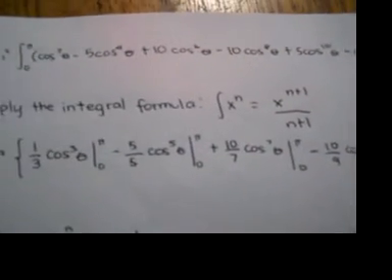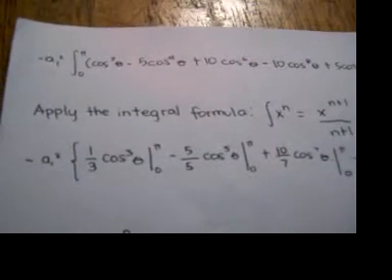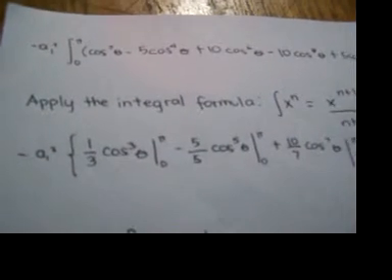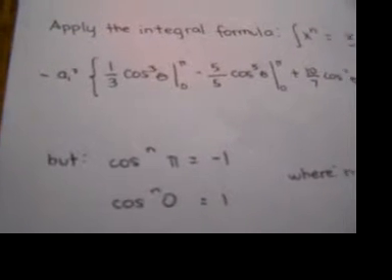After integrating all of the terms, we're going to set the limits from 0 to pi, since it's a theta function. Cosine theta and cosine raised to 0 are negative 1 and 1 respectively, provided that our n is an odd number.